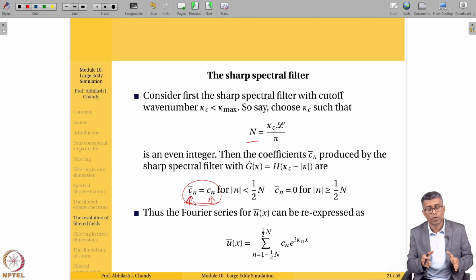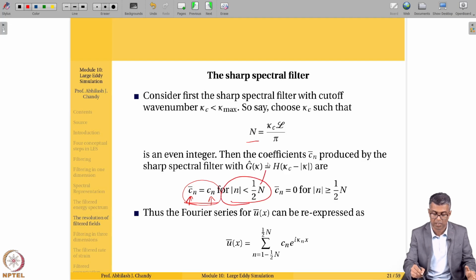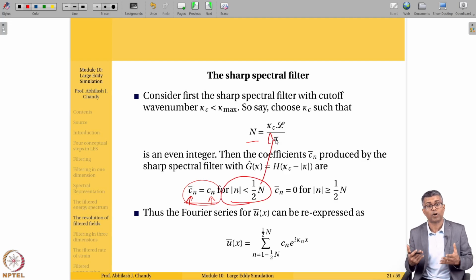Cn bar would be equal to Cn up until kappa c, or n less than half n, which is the same as corresponding to a kappa c wave number. And Cn bar would be equal to 0 beyond that, because you only have it resolved until then. N is your maximum grid points anyway, till LES. There's nothing beyond n. There's nothing beyond kappa c. So Cn bar would be equal to 0. So I hope this is clear.